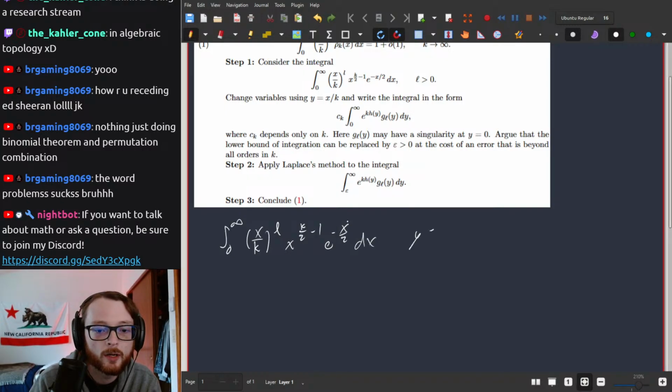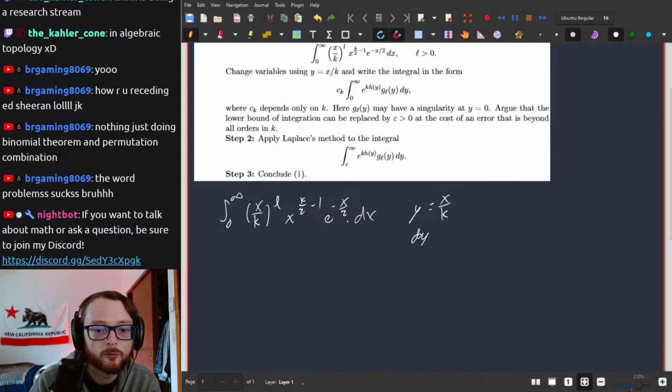We're letting y equal x over k, so dy is 1 over k dx. The bounds are still 0 to infinity.